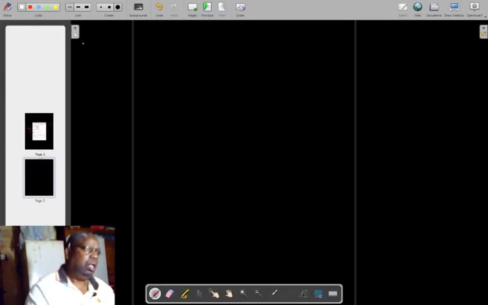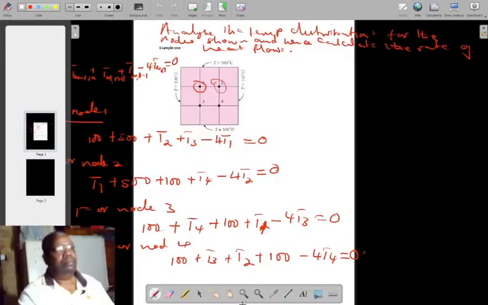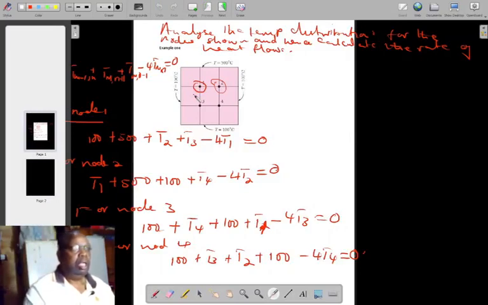But if you go back to our diagram, this diagram here, you can see there is some kind of symmetry. Okay, so T4 or node 4 is surrounded by an environment, 100 there, T3 by 100 and 100, so that implies some kind of symmetry.